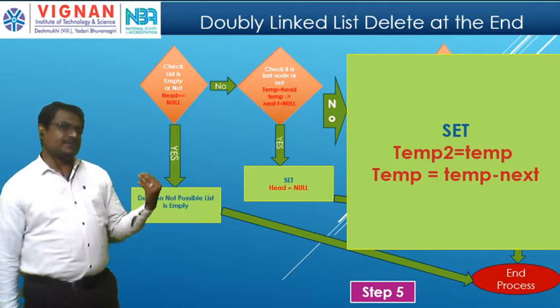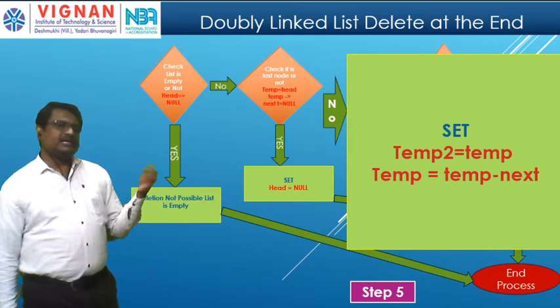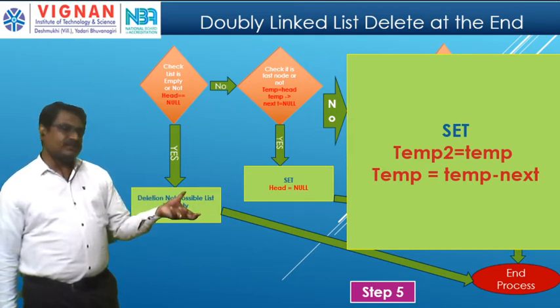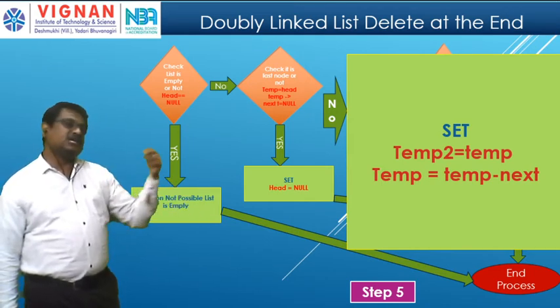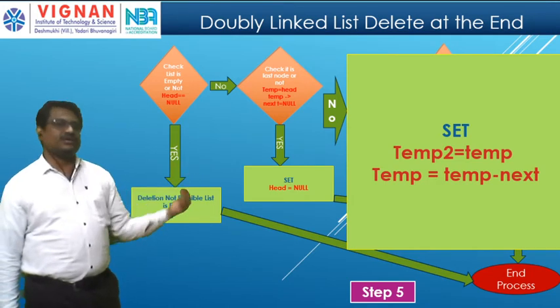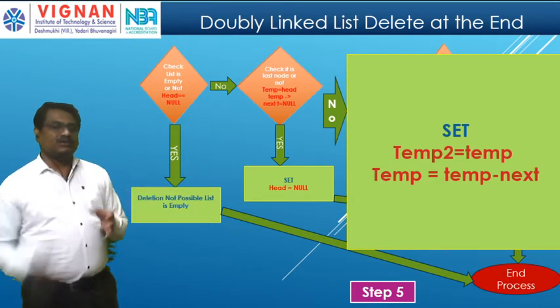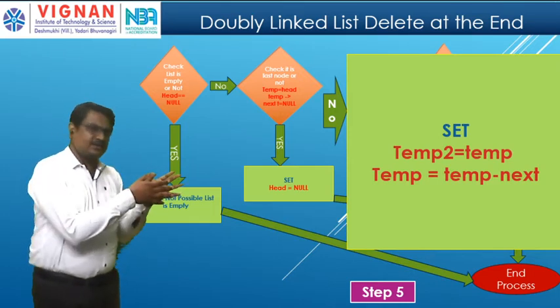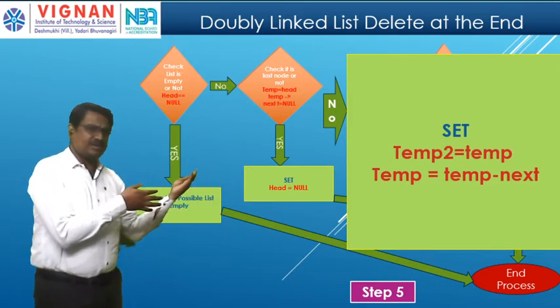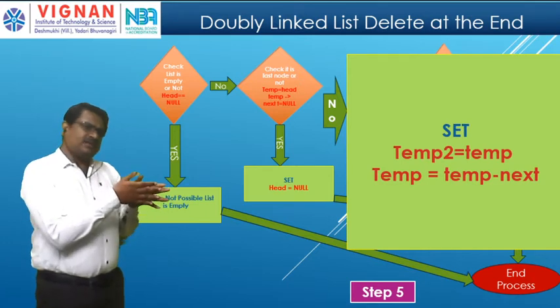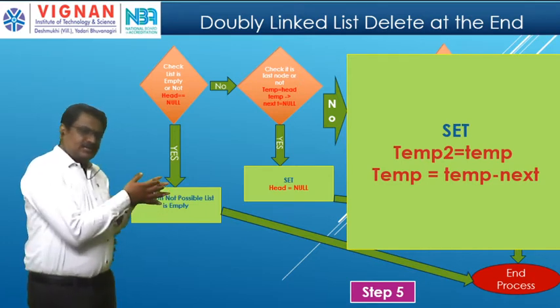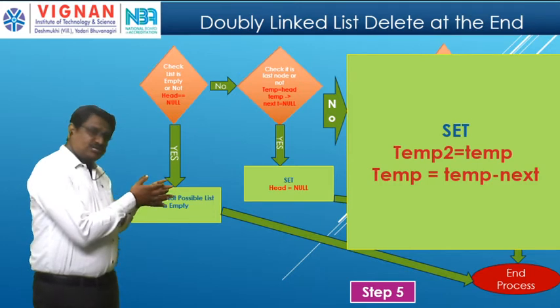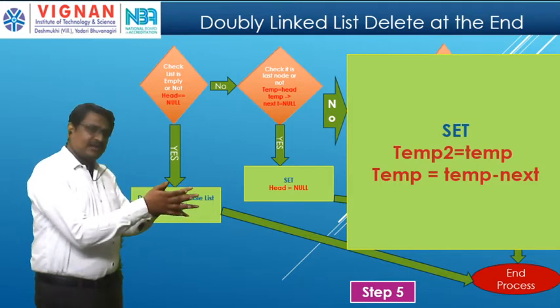I will store the temporary value, and the next node, the second node, I will store into temporary. Now, the first value is stored in temporary 2. Initially it is stored in temporary, but I am storing the temporary value into temporary 2. So now temporary stores the second value, and temporary 2 stores the first value.